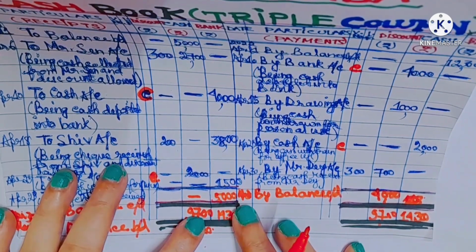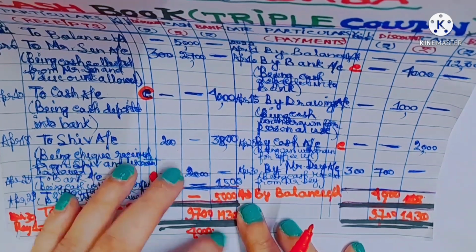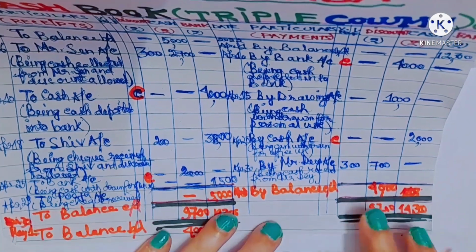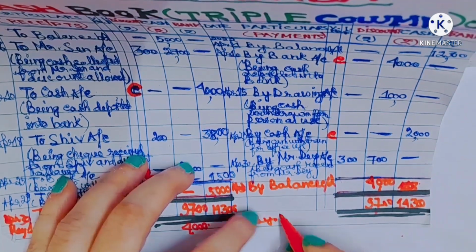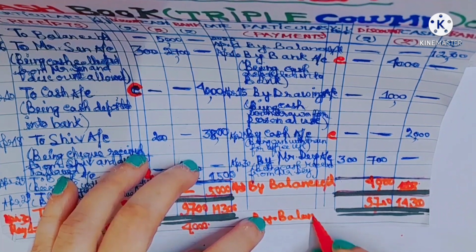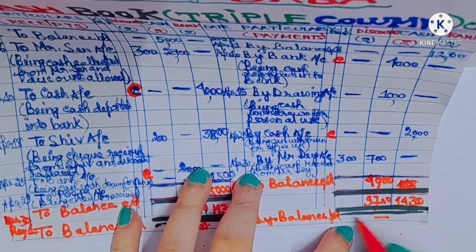So this 5,000, the closing cash at bank, will be brought down on the opposite side, that is the credit side, beneath the bank column. We'll write by balance BD beneath the bank column. How much? 5,000.